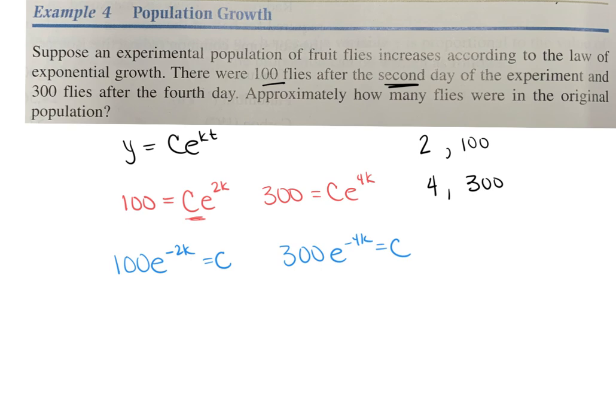If they both equal C, what can I do with those? Yeah, I can set them equal to each other, and then I can solve, hopefully, for my K. So I'm going to say 100 e to the negative 2k equals 300 e to the negative 4k. So far, so good.